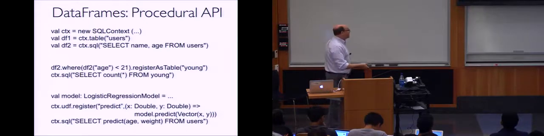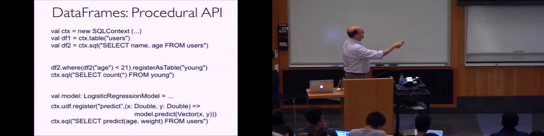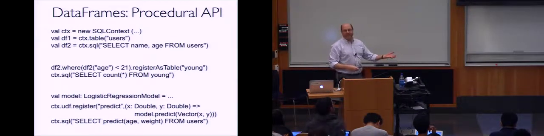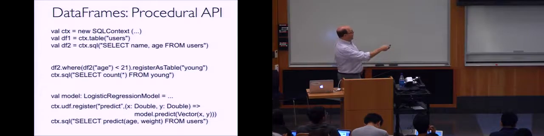And then if you want, you can do things like have a machine learning model and register that as a user-defined function. This machine learning model is written in some language, Scala or whatever, and then I can call it from inside a query.